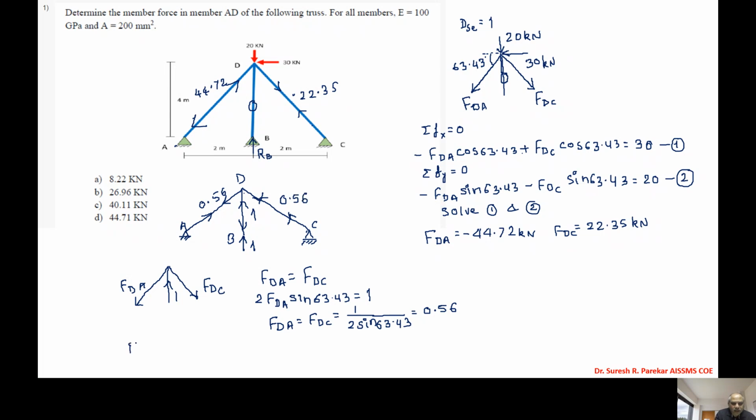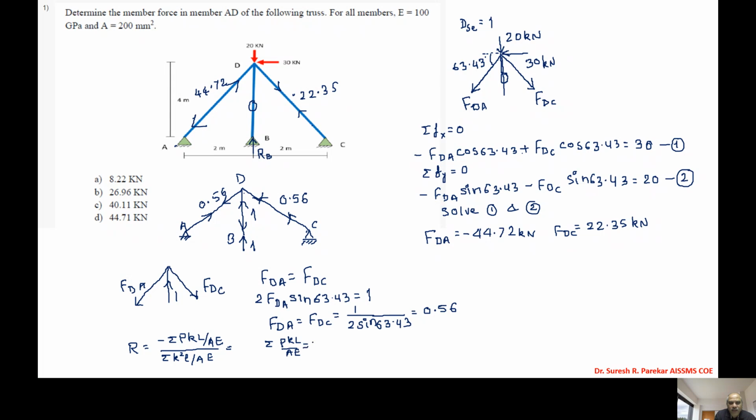And then we have R equal to minus summation PKL upon AE divided by summation K square L upon AE. Now we first go to summation PKL upon AE.